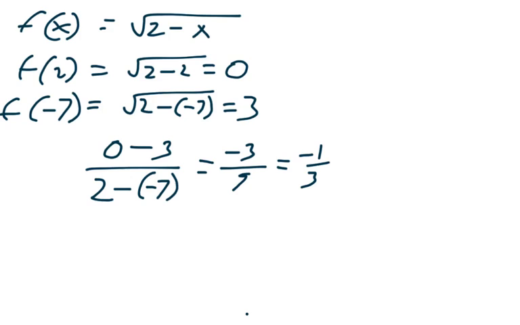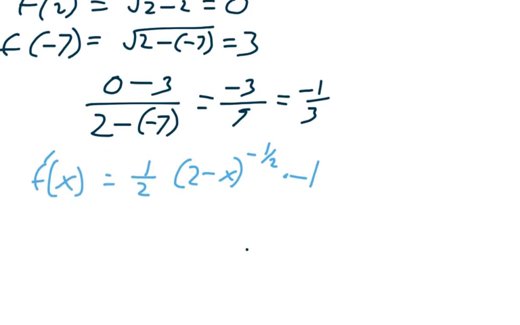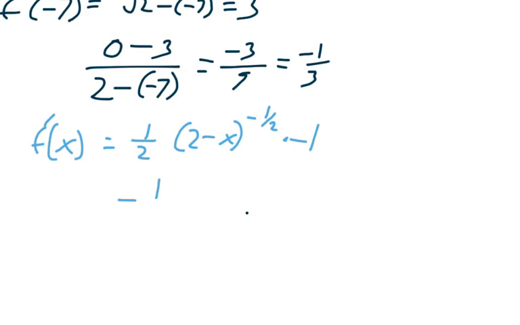When I take the derivative and treat this like 2 minus x to the 1/2 power, I get 1/2 times 2 minus x to the -1/2 power times -1, or -1 over 2 square root of 2 minus x, which I'm then going to set equal to -1/3.